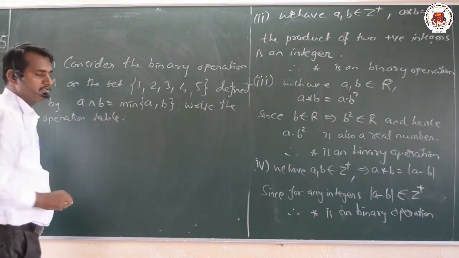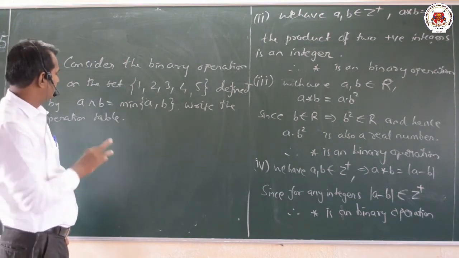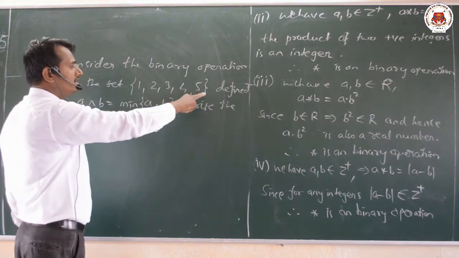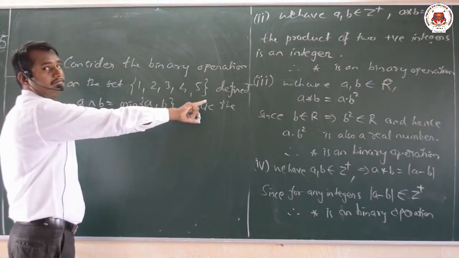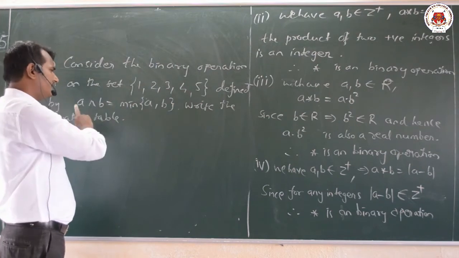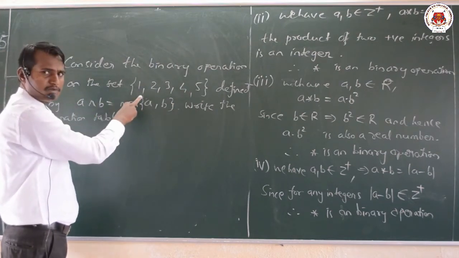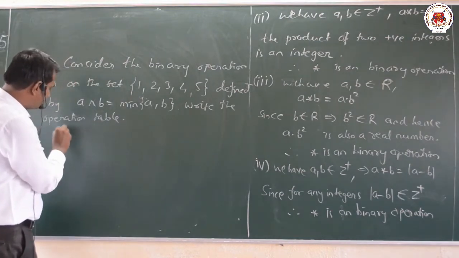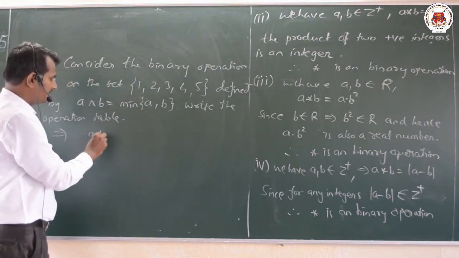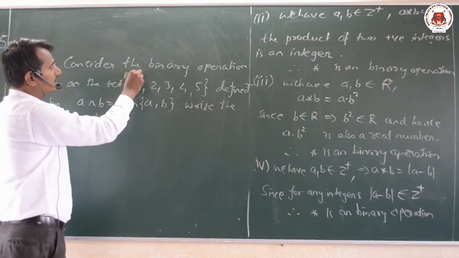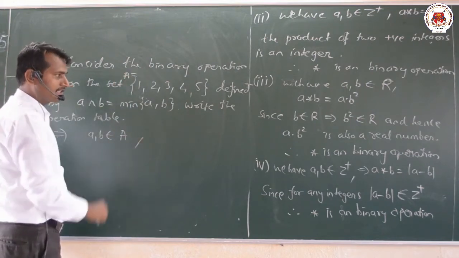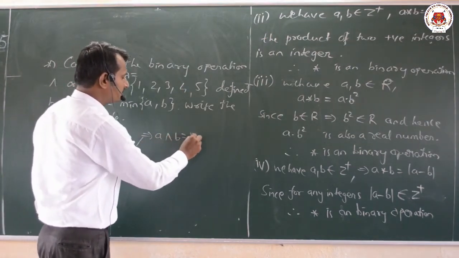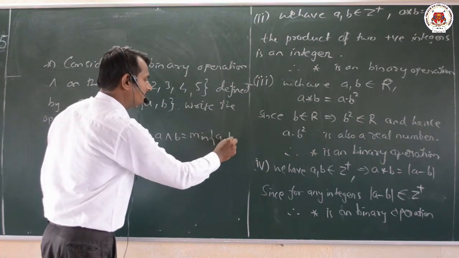The problem is very simple. What he is asking is a star b means a and b. That means for every a and b belonging to the set, it can take any values. If a is 1, b can be 1, 2, 3 like this. So let us take the definition: a comma b belongs to the set A and is defined by a cap b equal to minimum of a comma b.